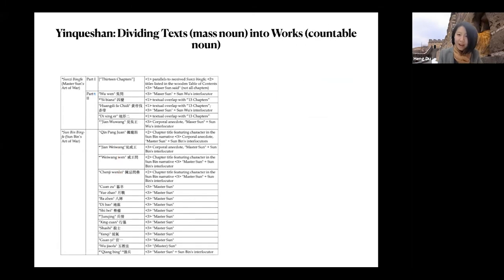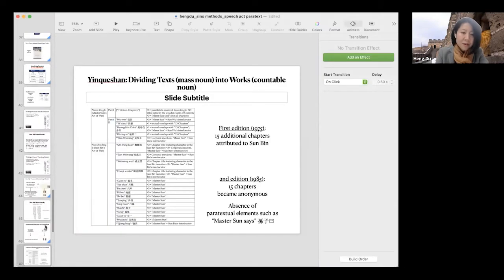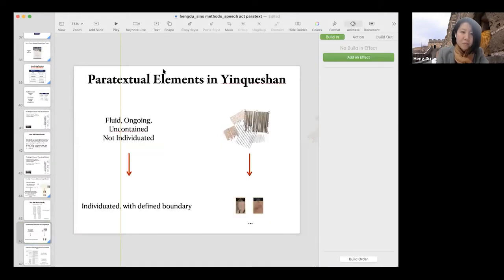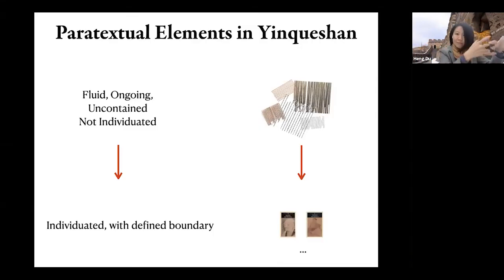So I might try to describe this very briefly. Basically the question is, if you see just a bunch of manuscripts, how do you know which of them belong to one text as opposed to another text, right? With a modern book, the paratextual elements such as the book cover and the binding tell you that.